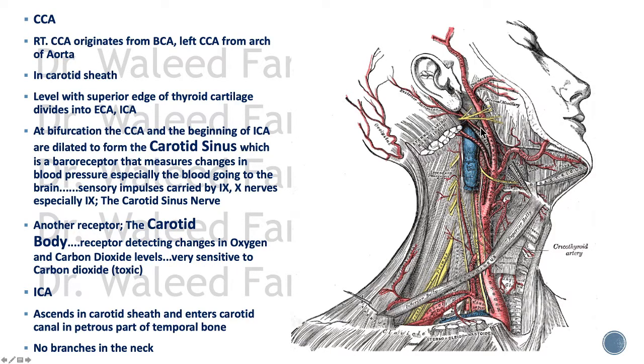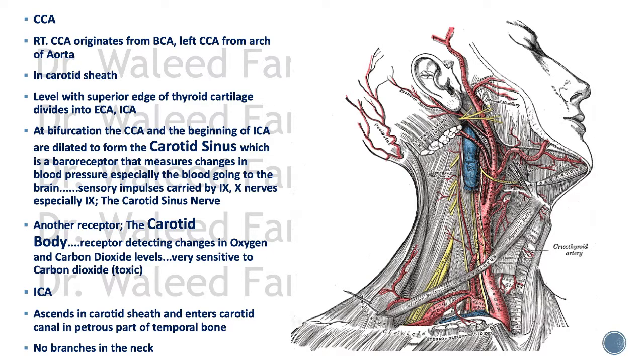As it reaches the base of the skull, underneath the petrous bone, it enters the carotid canal in the petrous part of the temporal bone, and it finds its way up inside the cavity of the skull to begin to supply the eye and the brain. We will study this in detail, of course. So it has no branches in the neck.